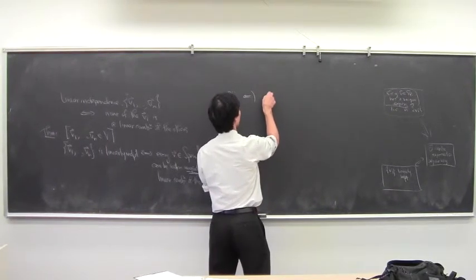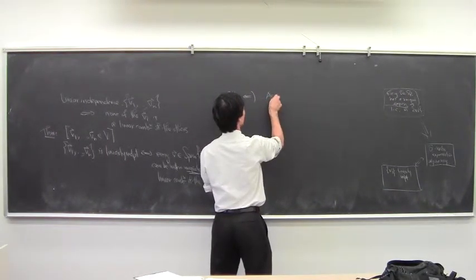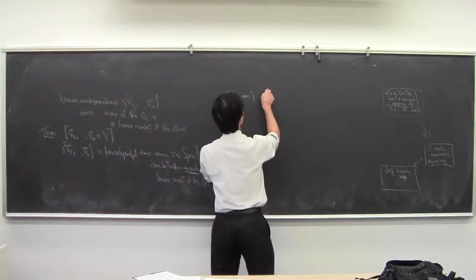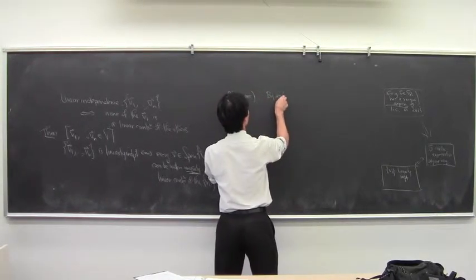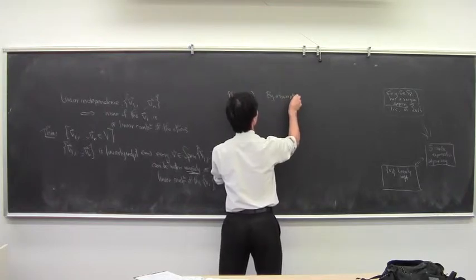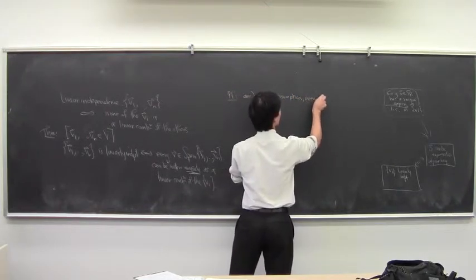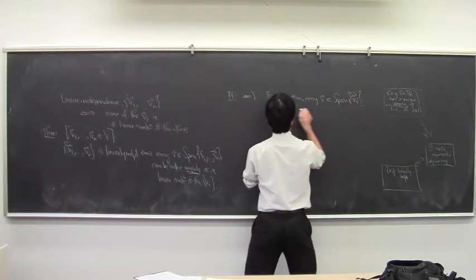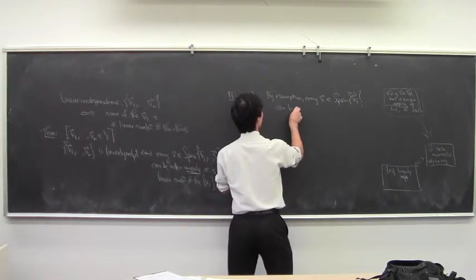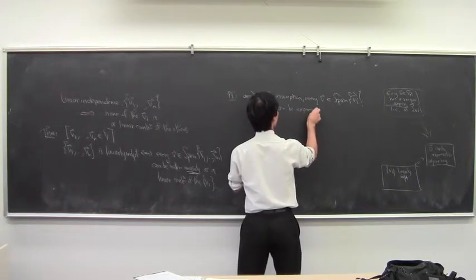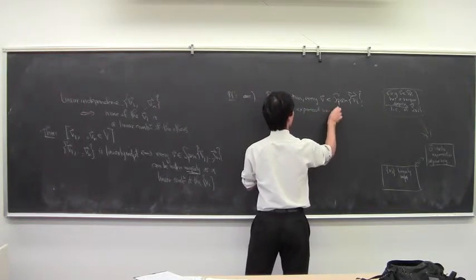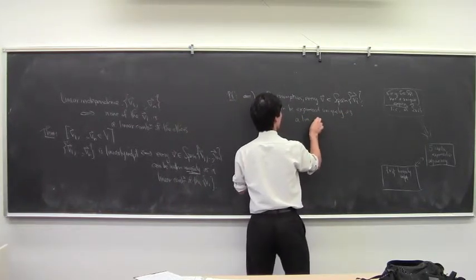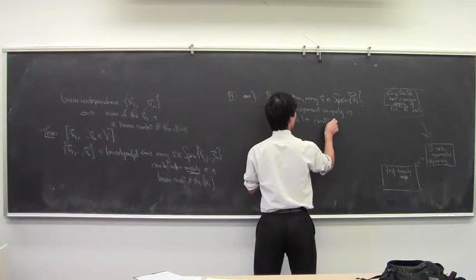So we know, when we assume my assumption, every v in the span can be expressed uniquely as a linear combination of the vi.